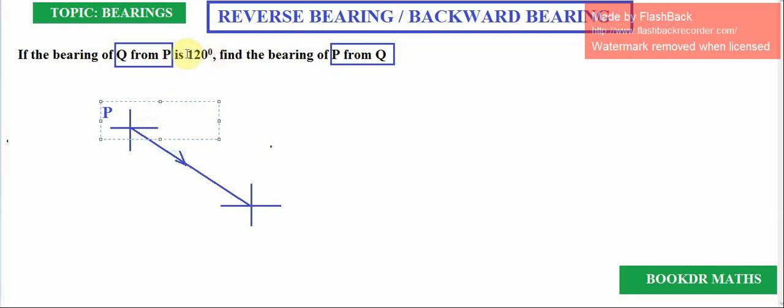So 120 from P, the angle will be at P, so here should be called P. Then the other side will be called Q. We have to enclose the 120 degrees with an arc.